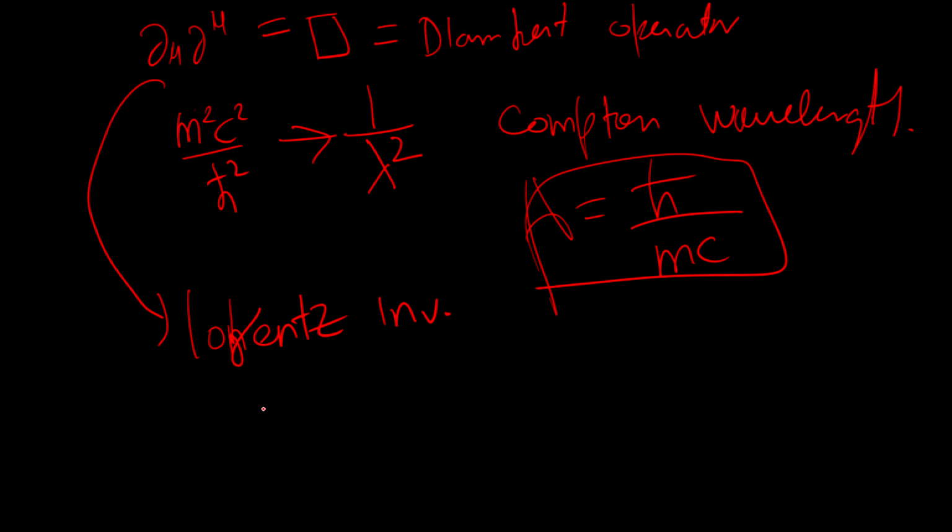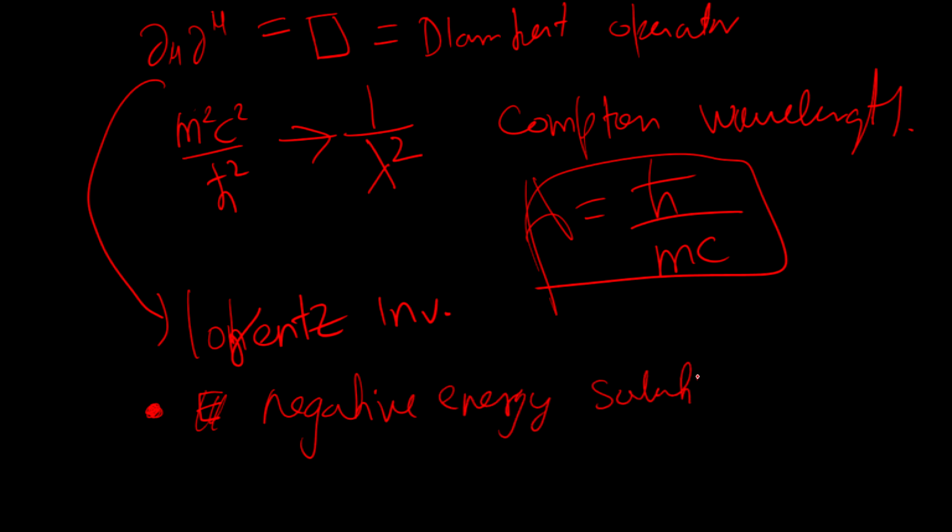The drawbacks of the Klein-Gordon equation: number one, it has negative energy solutions. How? Because E square equals p square c square plus m square c power 4, so you have energy E equals plus or minus the root.